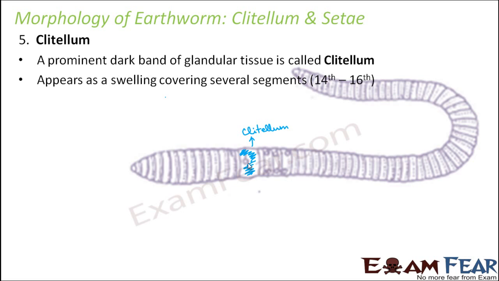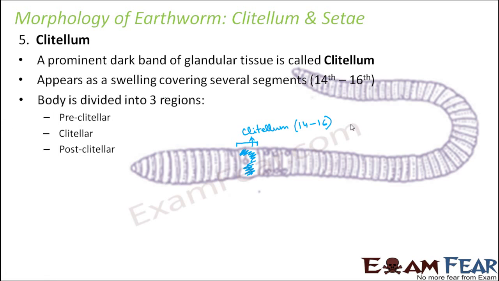Now it generally appears as a swelling covering several segments, 14th to 16th. So that is why you see the thickness of this band is quite bigger when compared to other segments, because it includes three segments, 14th to 16th.